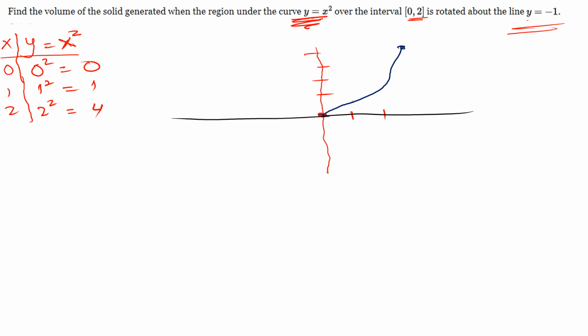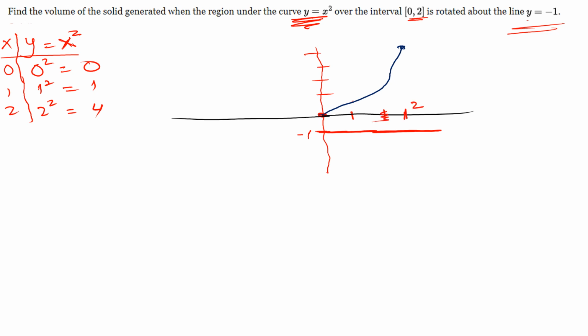Now y equals negative 1. Where is y equals negative 1? The y value negative 1 is here. It means I have this line. Now it is rotated about this line. This graph is going from 0 till 2.